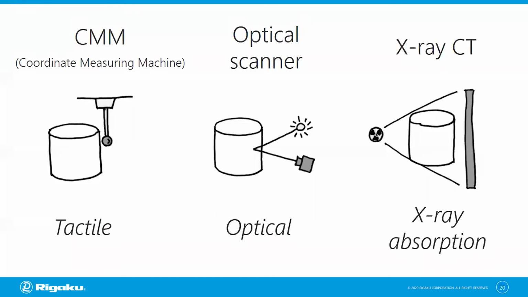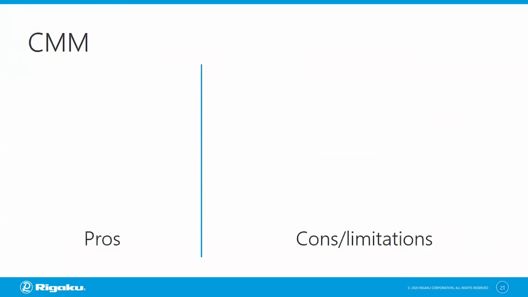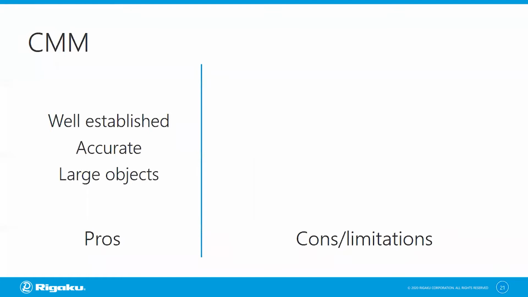So let's take a look at the CMM first. The CMM is probably the most well-established technique, and that's a pro. And also, because this is a tactile and a mechanical measurement, it is the most accurate technique. And you can deal with relatively large objects. So those are the pros of CMMs.